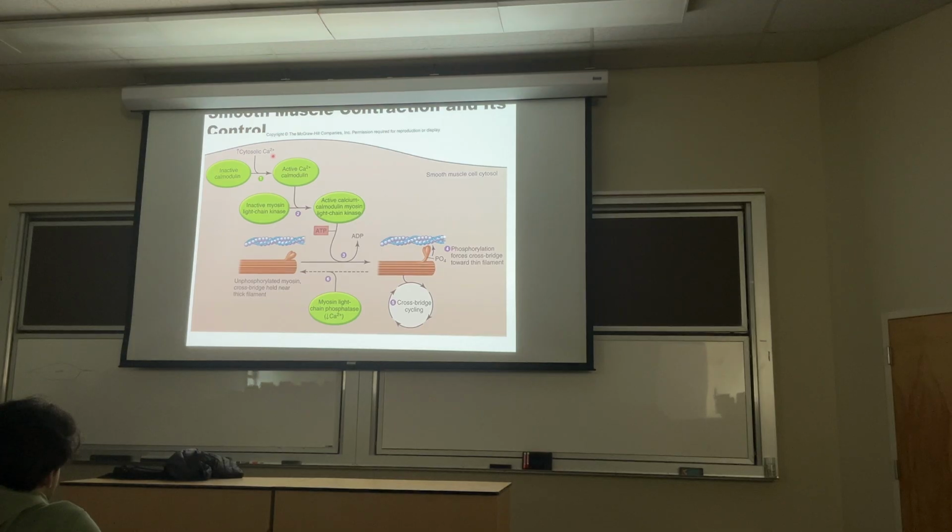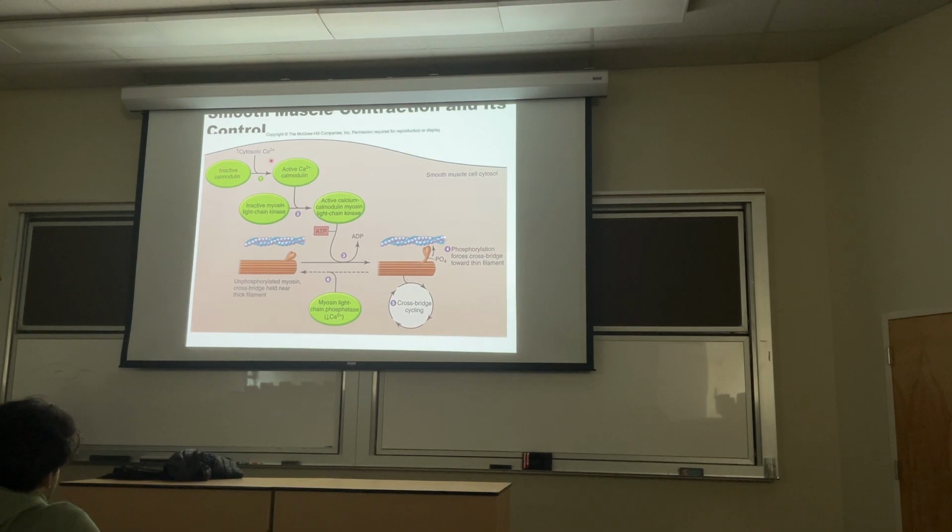Increased calcium in the sarcoplasm activates this enzyme, decreased calcium activates this enzyme. And so you trigger it with calcium, but through an enzyme, not through troponin and all that. So there are some of the differences there that we see.